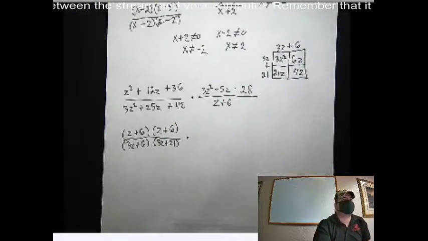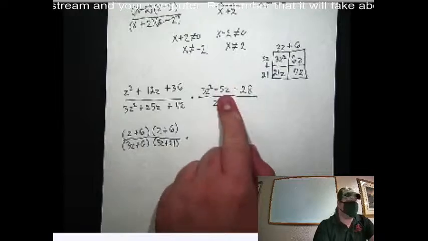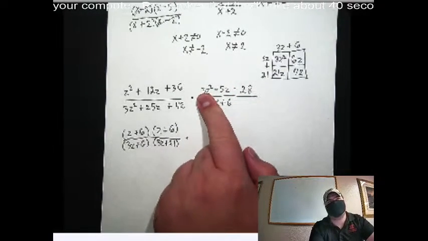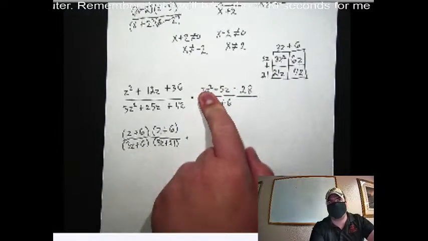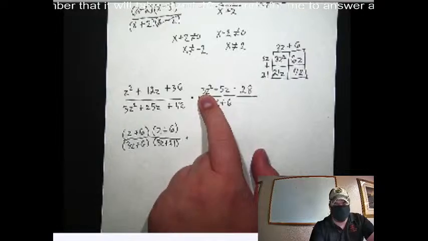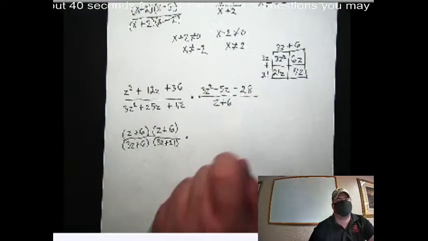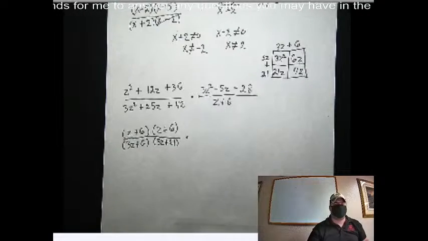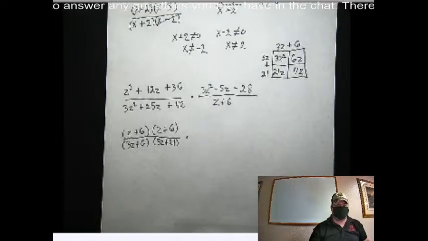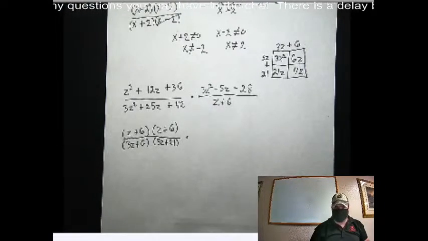All right. Next one. Again, the leading coefficient is not positive 1, so we're going to have to go all the way through this one. Our AC is 3 times negative 28, which gives us what? Okay, negative 84.